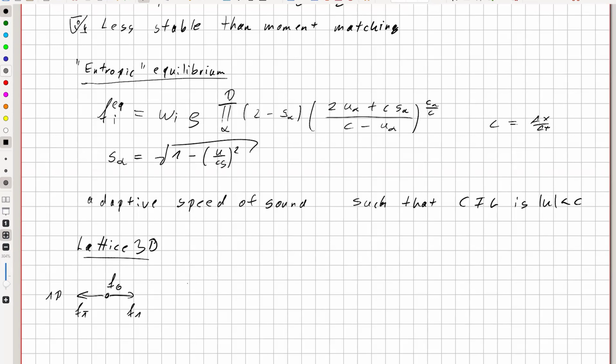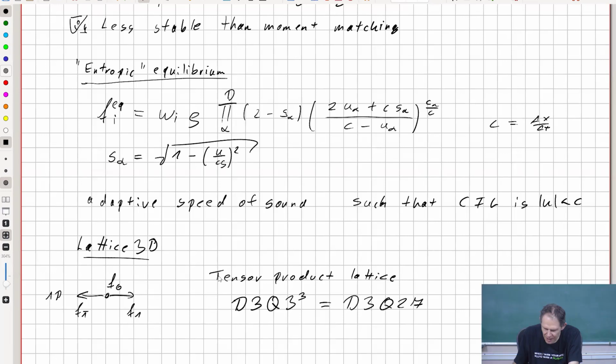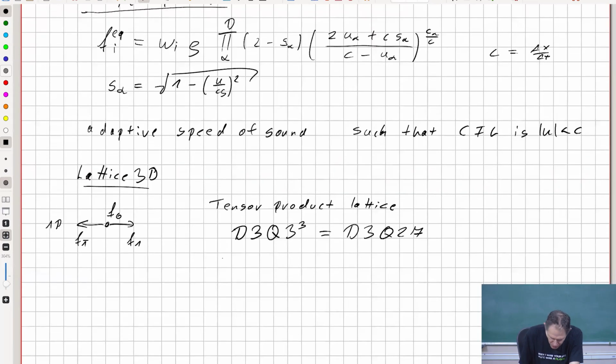So this is 1D, and what we then do is we use a tensor product lattice. Tensor product means if we go to 3 dimensions, then we have Q to the power of 3, and this leads us to D3Q27. So what are the countable moments of D3Q27?